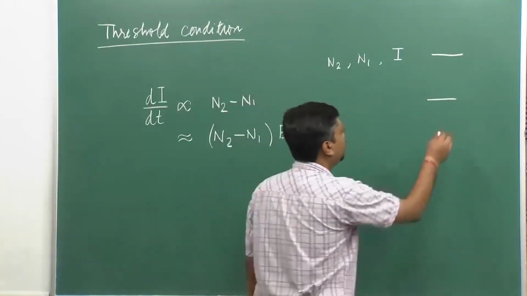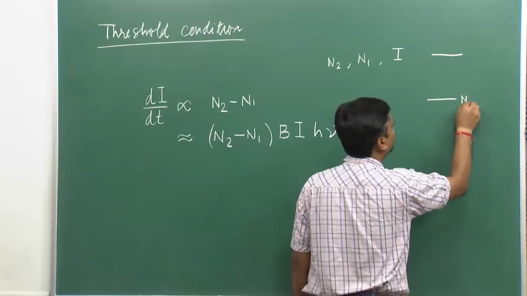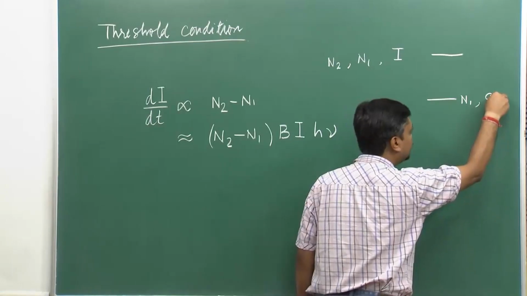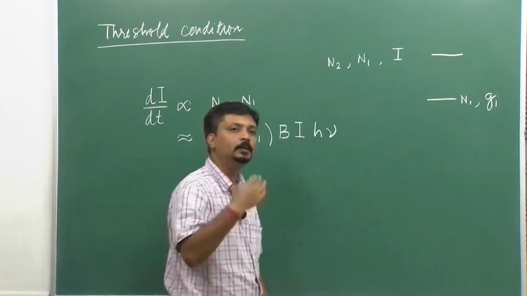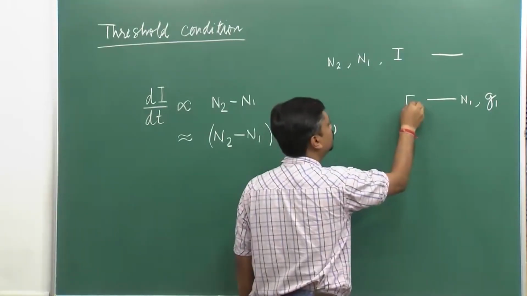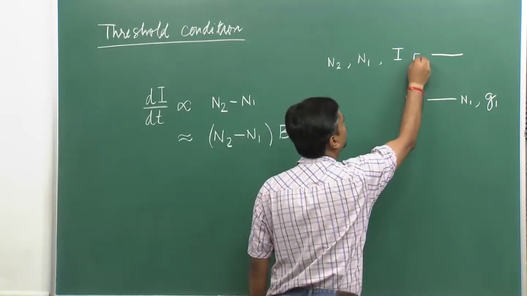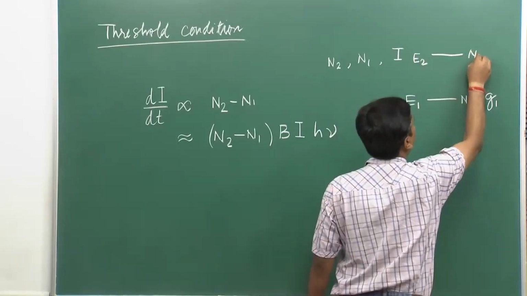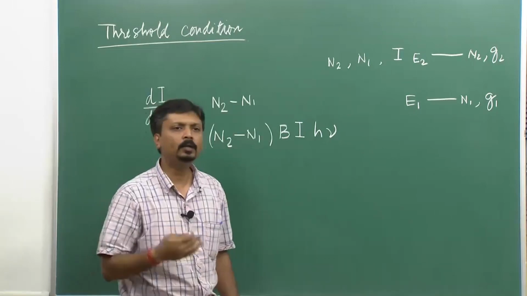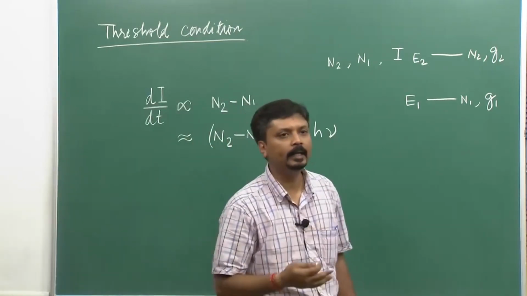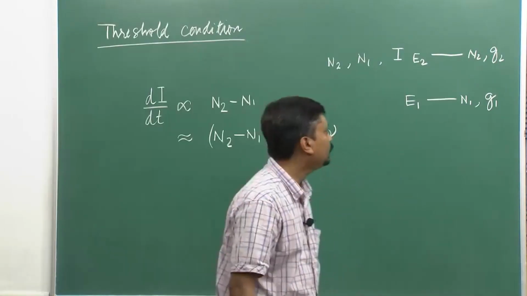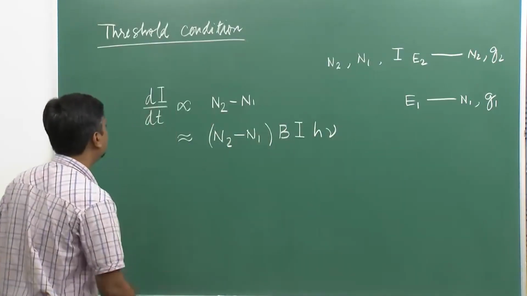For the state having population N1, it has a degeneracy of G1, that is, G1 number of states have the energy E1, and correspondingly this is G2. It is better to consider these degeneracies, because in real life there are several states having degeneracies.